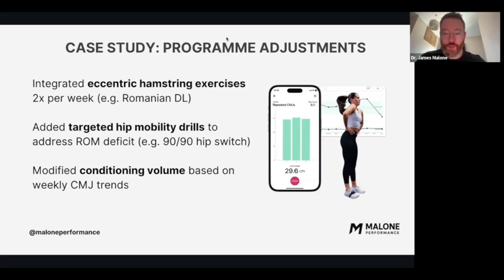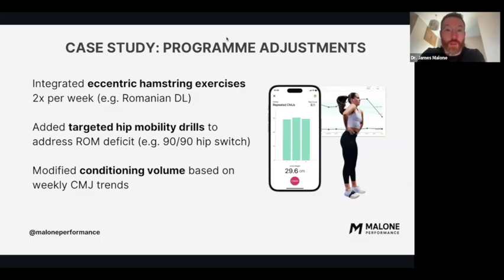People would say Nordics as well, but obviously there are players who don't like Nordics, the feel of them, and it's a bit of a tricky exercise to perform if you're not used to it. So for me, Romanians are a really good one because you can load it pretty well. There is some risk of lower back issues, but generally, if you start fairly light and build up, it's a pretty safe exercise.